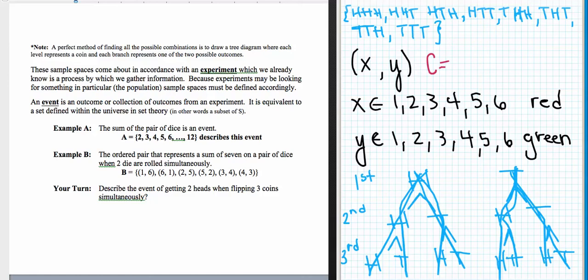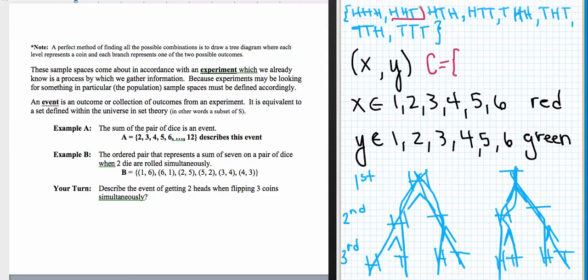Sometimes I'm not as specific as maybe you'd like me to be, but what this means is exactly 2 heads, not at least 2 heads. If I mean at least 2 heads, I'm going to tell you at least 2 heads. So take note of that wording to be exactly, not at least. So here we have 3 heads. That doesn't fit, right? 2 heads, not 3.